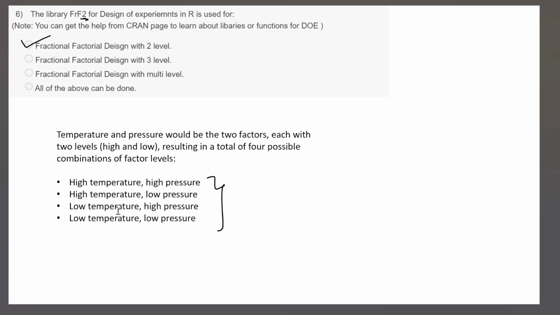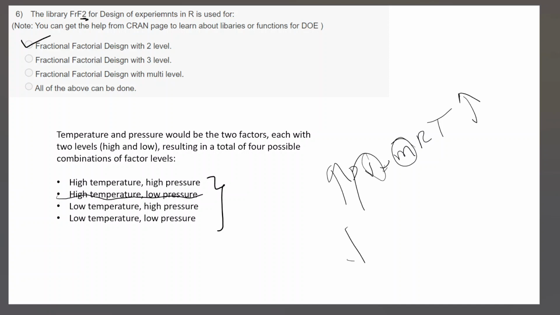Low temperature with high pressure and high temperature with low pressure are unlikely to happen at constant mass and volume, since when pressure decreases, temperature decreases. So we can rule out these two combinations and go ahead with the experiment.